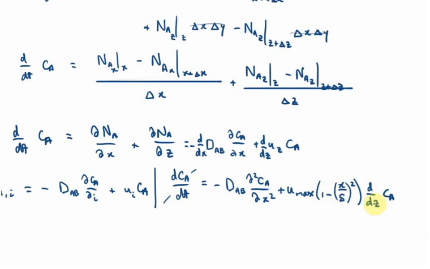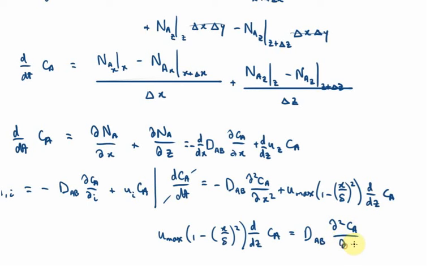And so we can restate this as u max times 1 minus x over delta squared, ddz of Ca equals Dab times d2 Ca dz squared. Right, and that's the mass balance that we are looking for.